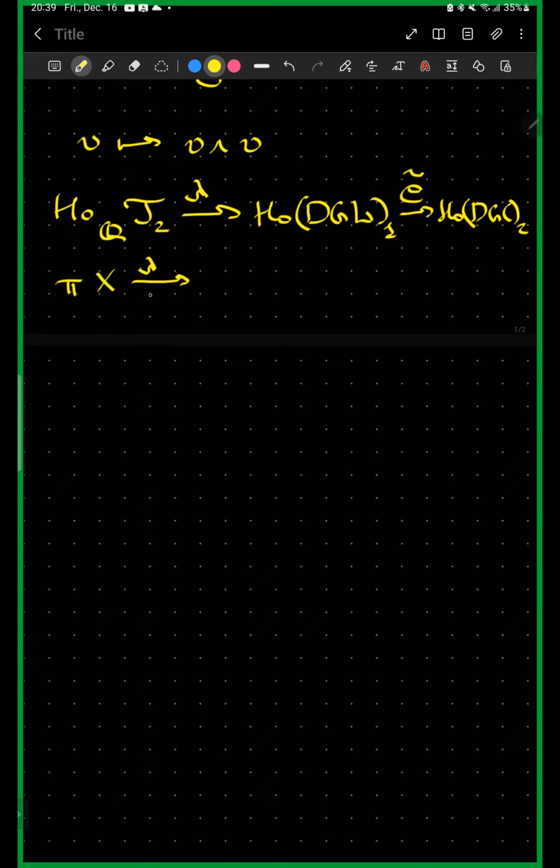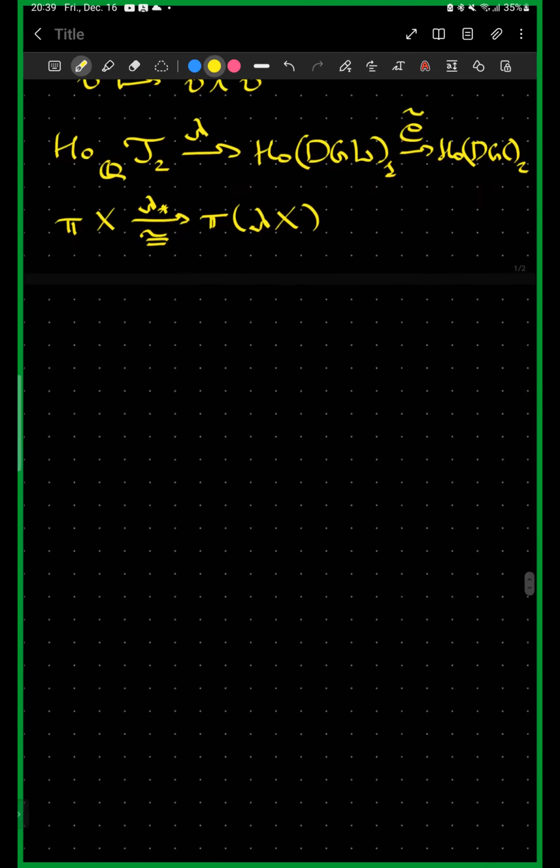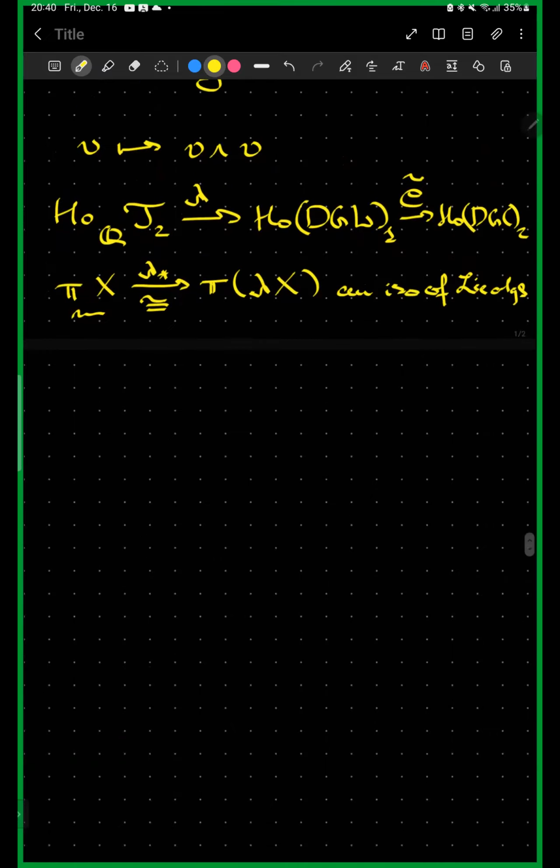lambda induces an isomorphism between the homotopy groups of the space and the homotopy groups of the differential graded Lie algebra, where additionally this is not only an isomorphism of rational vector spaces, but actually an isomorphism of Lie algebras. Of course, here you have to shift by 1, and then you have the Whitehead bracket on homotopy groups.